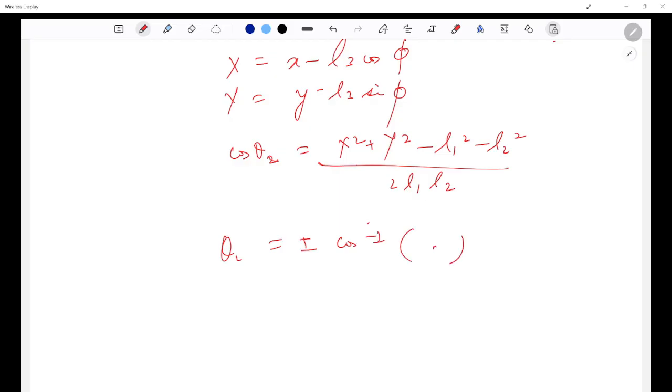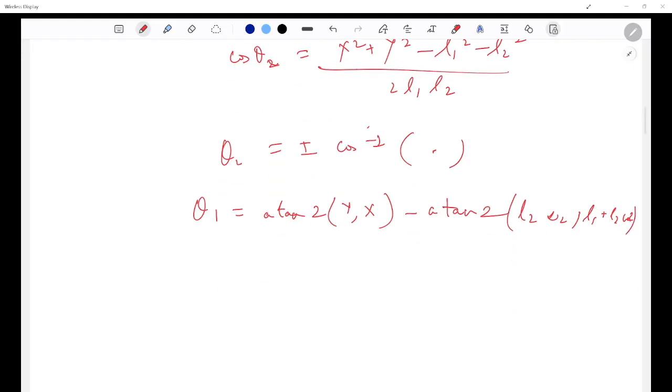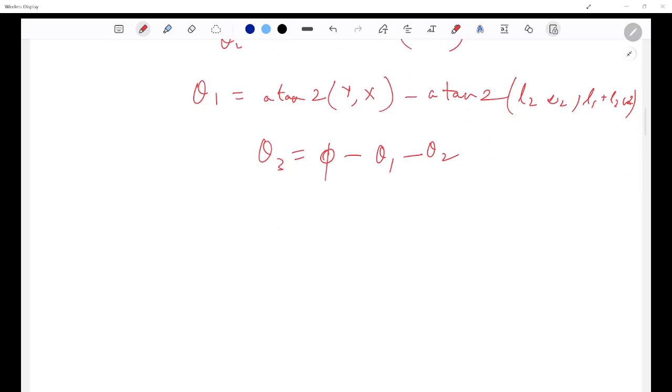From here, you get theta 1 is equal to tan inverse of y by x minus tan inverse of L2 S2 over L1 plus L2 C2. I hope you are aware of what is the difference between a tan 2 and normal tan in the 4 quadrants or in the 2 quadrants. C2 means cos and S2 means sine. So your phi minus theta 1 minus theta 2 would be theta 3, right?